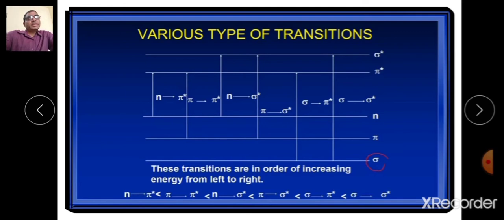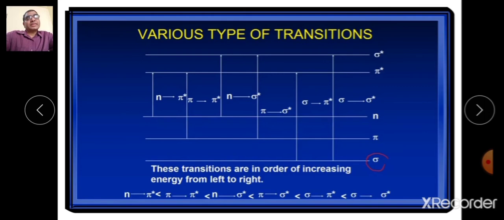Look, this is the larger energy gap between these two energy levels, and therefore more energy is required for this transition, and therefore the wavelength having more energy, that is the shorter wavelength, is required for such a transition, while the transition from non-bonded n to pi anti-bonding, that is n to pi star, is of lowest energy, that is longer wavelengths are required.